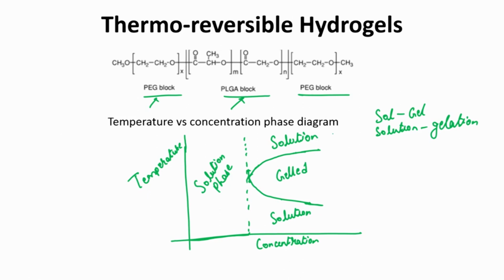So, this is a typical phase diagram that you will get for your sol gel polymers, and once you have this defined, you can then just use some of these phase diagrams to determine what concentration, what temperature to use for a particular application. So, I hope this is clear.